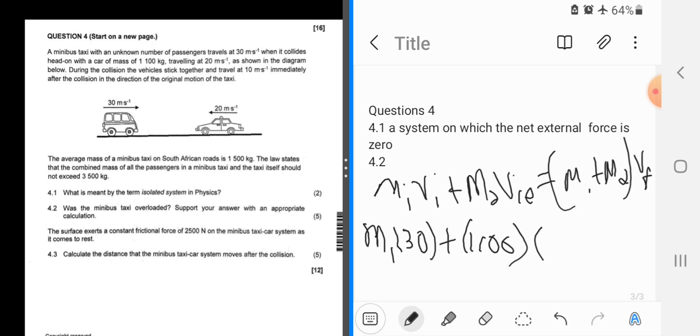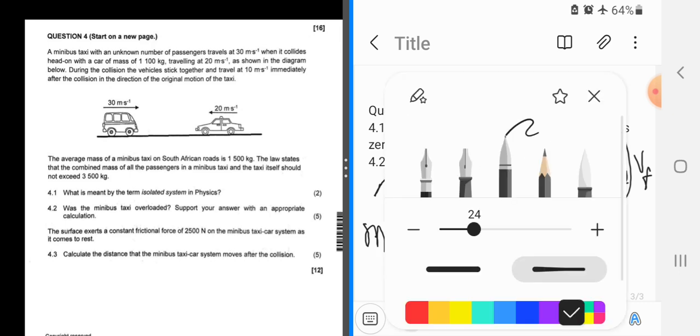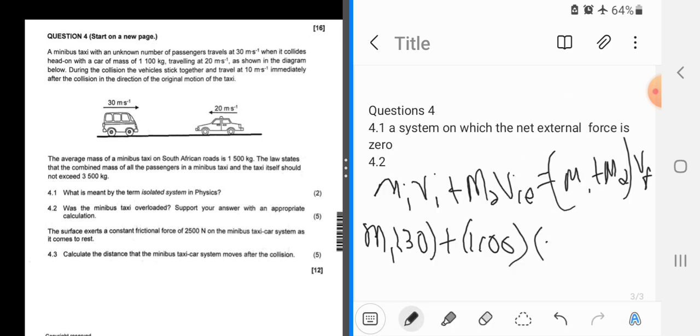The car is coming in the opposite direction. We'll take the direction of the taxi as positive, so the car's velocity will be negative. All that equals mass 1 plus mass 2, times the final velocity.